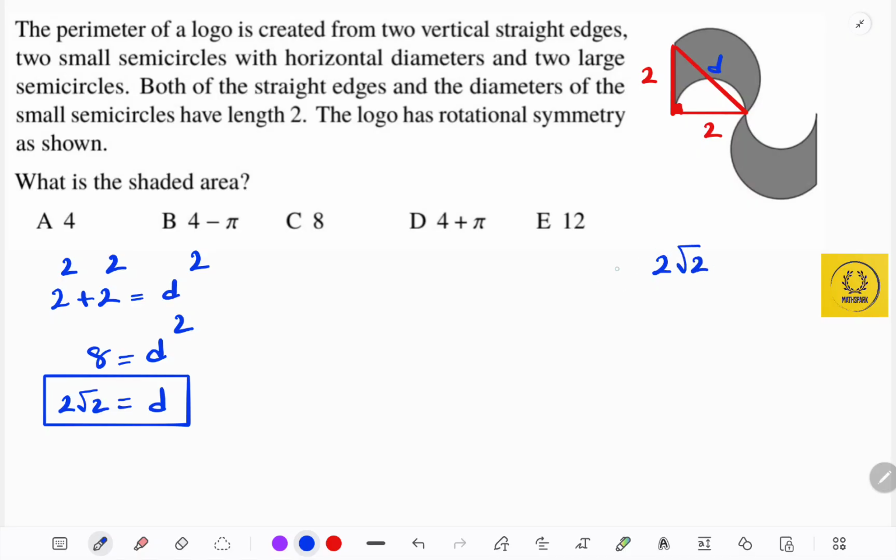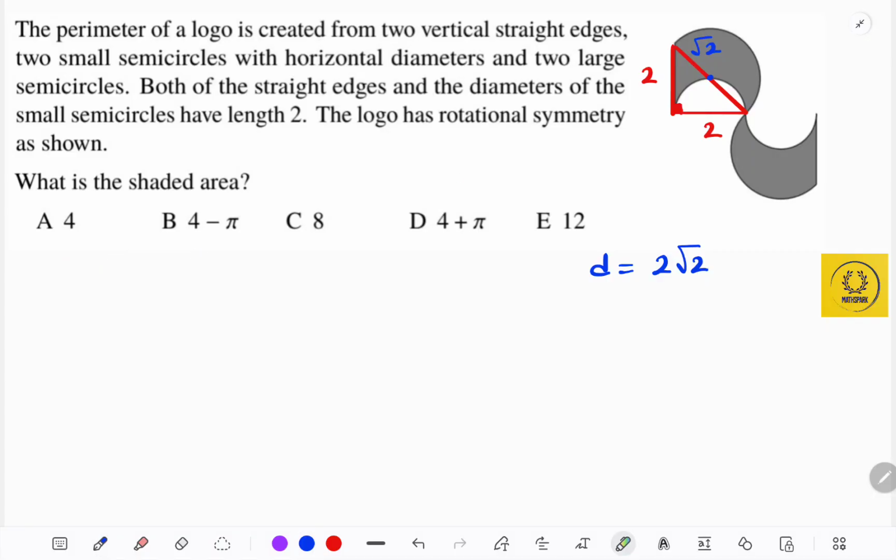Okay, so d is 2 root 2, and this is the diameter. In order to find the radius, we just need to divide by 2. So radius is root 2. So far, so good.